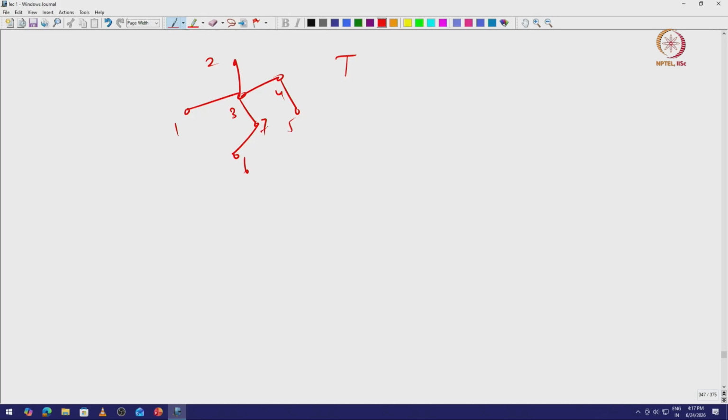If we count the number of edges, you can see that it is exactly E1, E2, E3, E4, E5, E6, which is 6, which is exactly 7 minus 1, the number of vertices minus 1. And this did not happen accidentally. This is always true in a tree.